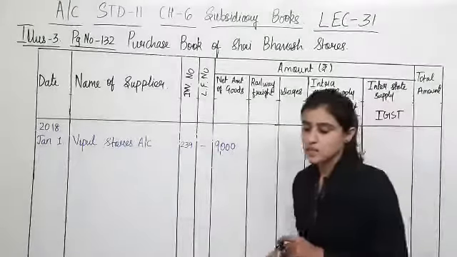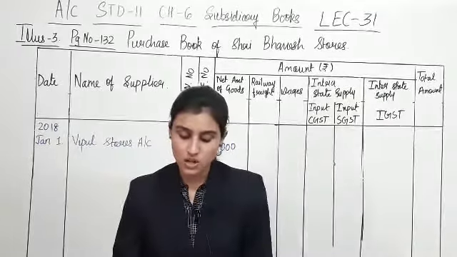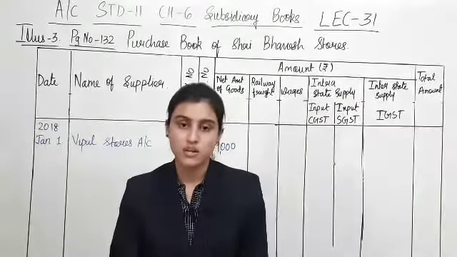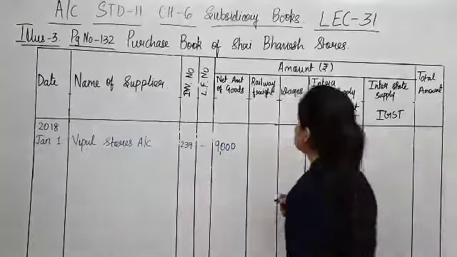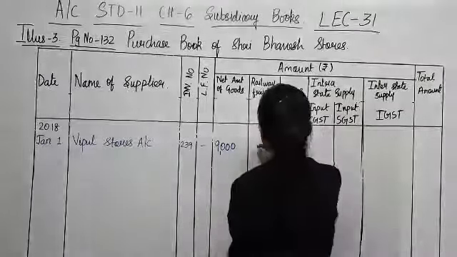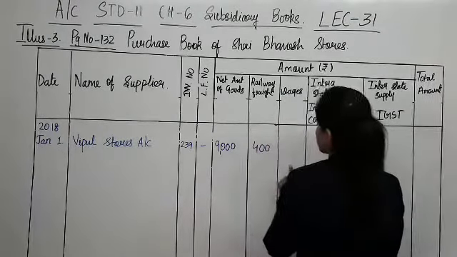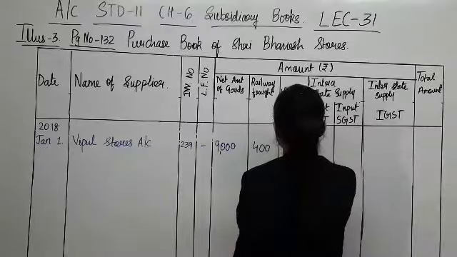Then 500 for labor and 400 for railway freight. So in the column of railway freight, you are supposed to write down 400. And in the column of labor, you are supposed to write down 500.